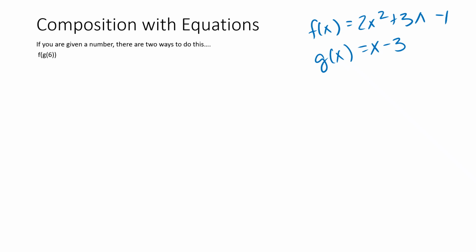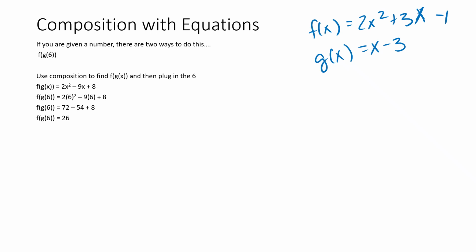Okay, now there are two ways you can do this. Which way is the better way for you depends 100% on your personal preference and what else you are asked for. So the first way you can do it is you can use composition to find f of g of x. So this is a generic function that's going to have an x in it. It's not going to be specific to an individual number, and then plug in the 6.